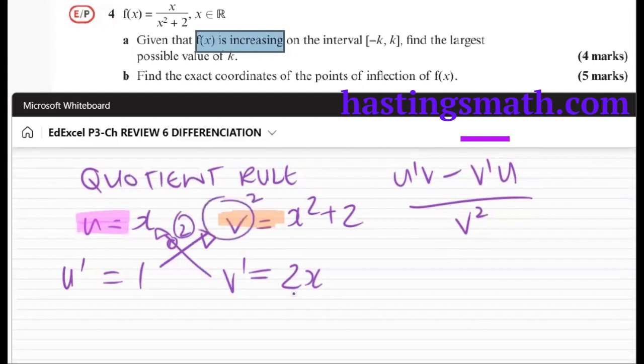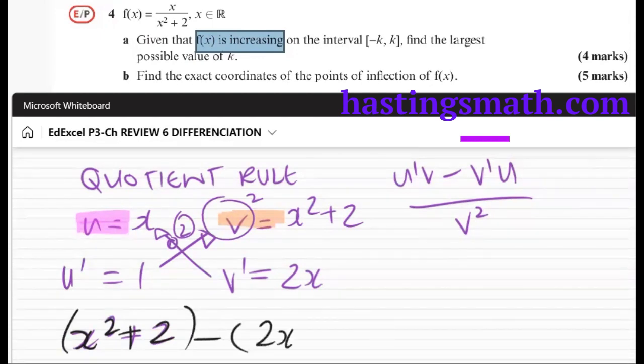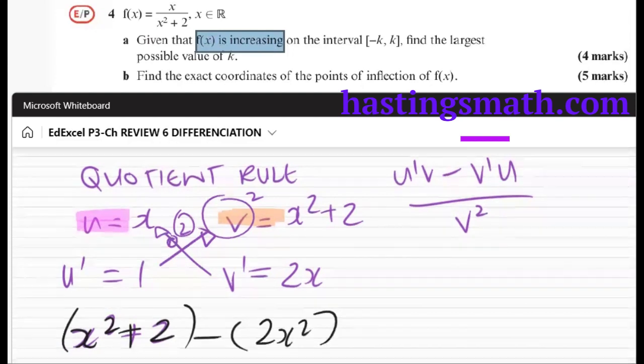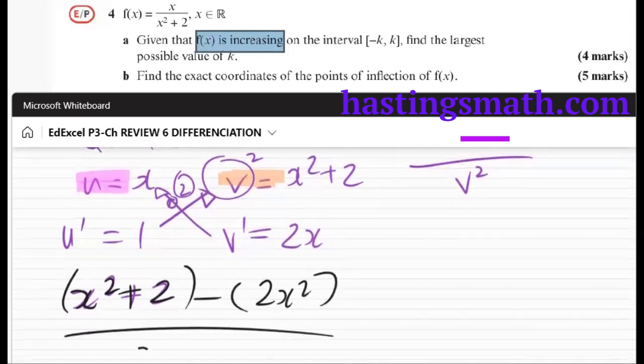And then it's all over v squared. That's the third step. So u dash v is 1 times x squared plus 2. V dash u is 2x times x, so 2x squared. Don't forget that it's negative, and it's all divided by v squared, so x squared plus 2 squared.